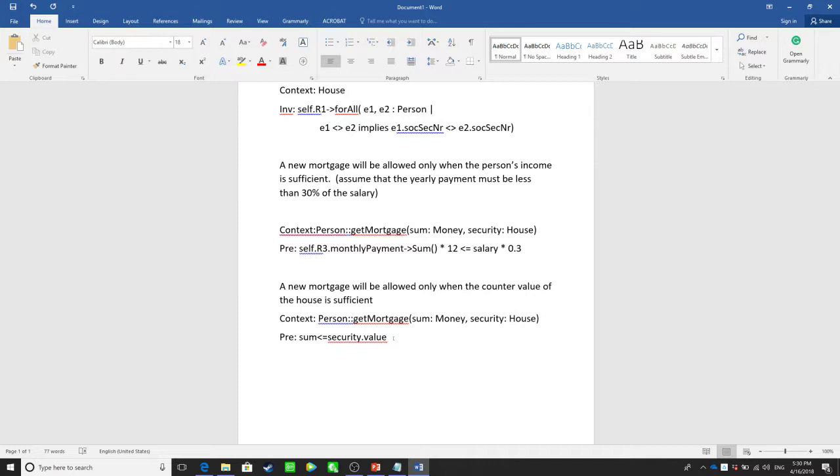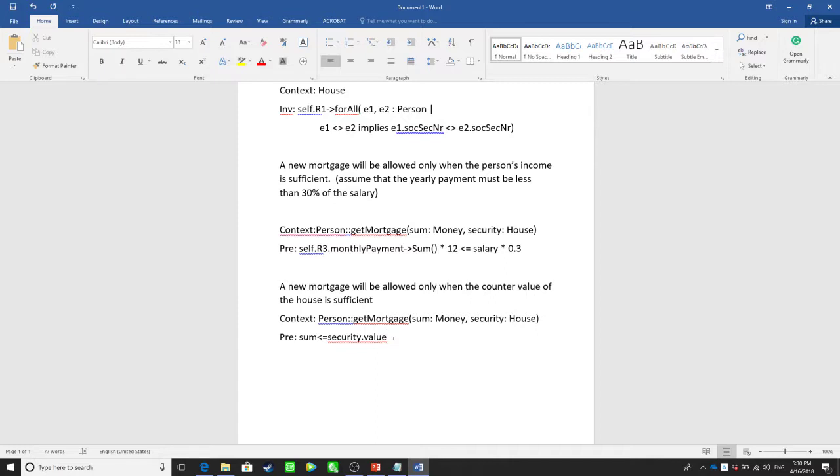So any questions on this part? Yeah, some of you have this confused face. So which point is confusing? Can you let me know? Sum is the money that the person wants to borrow.